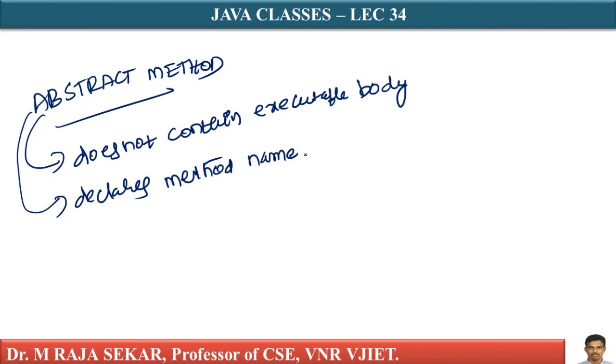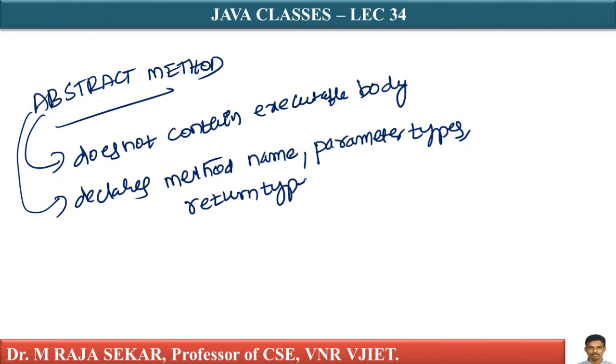It declares parameter types, and even return types, but not body. It cannot have a body. Even empty braces constitute a body, an empty body. It cannot keep even empty braces.